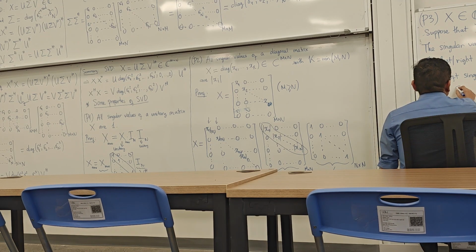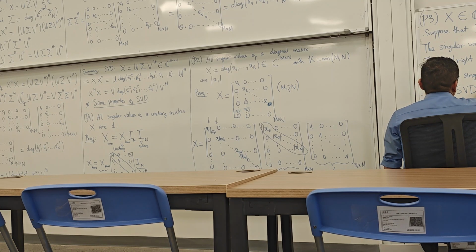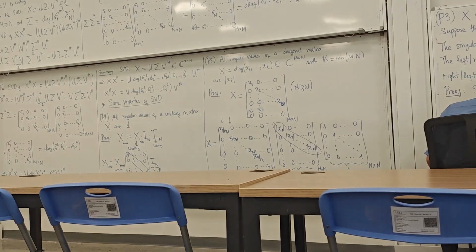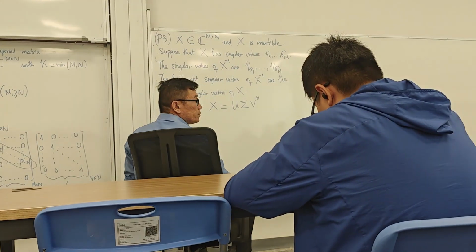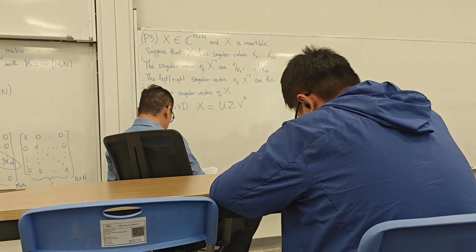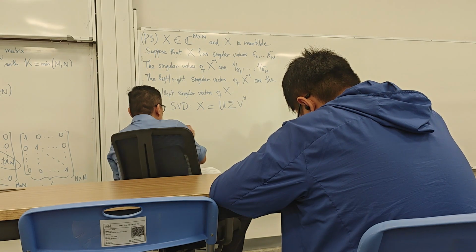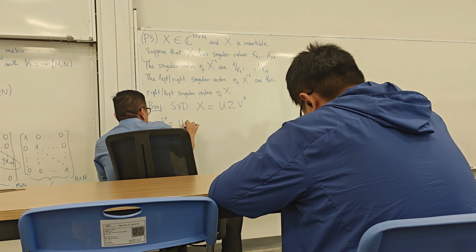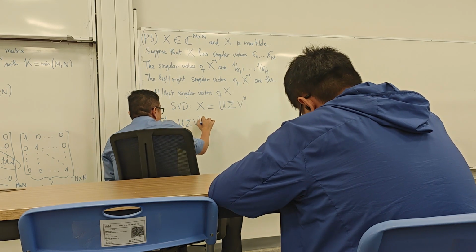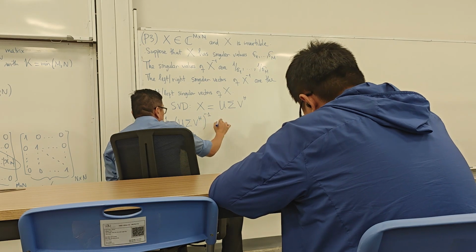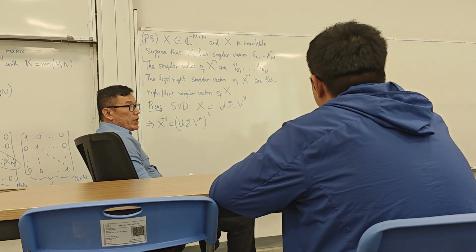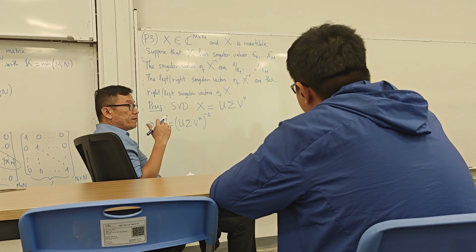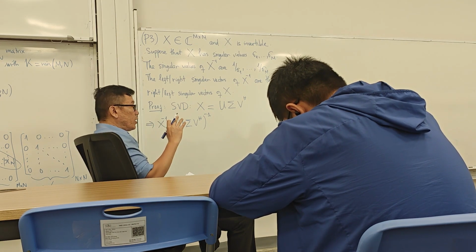Okay, we have the singular value decomposition of X. Suppose that this is the following: U sigma V Hermitian transpose. Then, if we consider X inverse, it becomes (U sigma V Hermitian transpose) inverse. We know that the inverse of the product equals the product of inverses, but we swap the order.